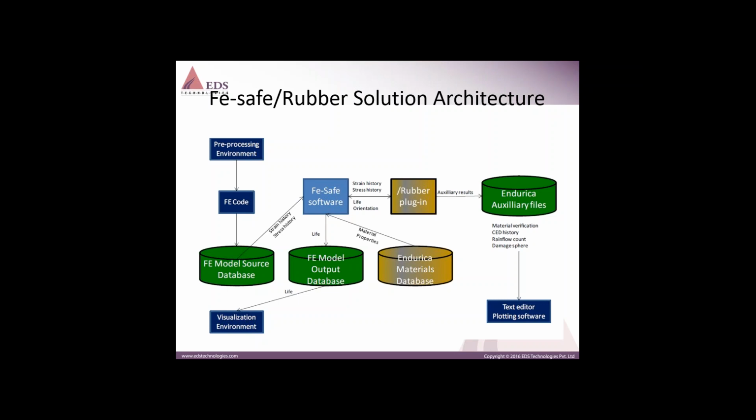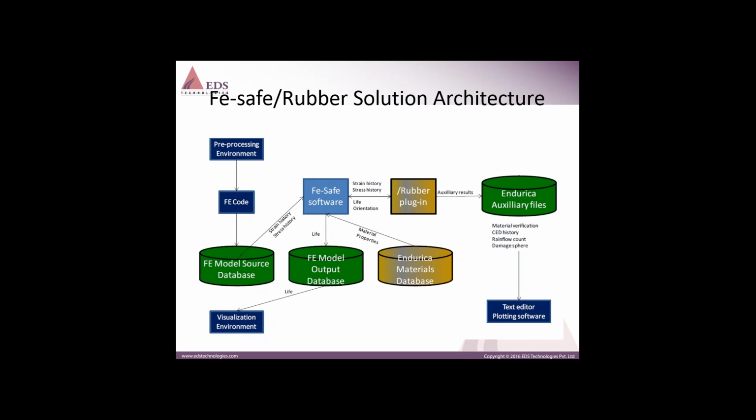So you will build up your loading history and then run it as a time domain solution using the FE code, which will produce your output file. This will have the stress tensor as well as nominal strains at each time point in the time domain, and for each element.